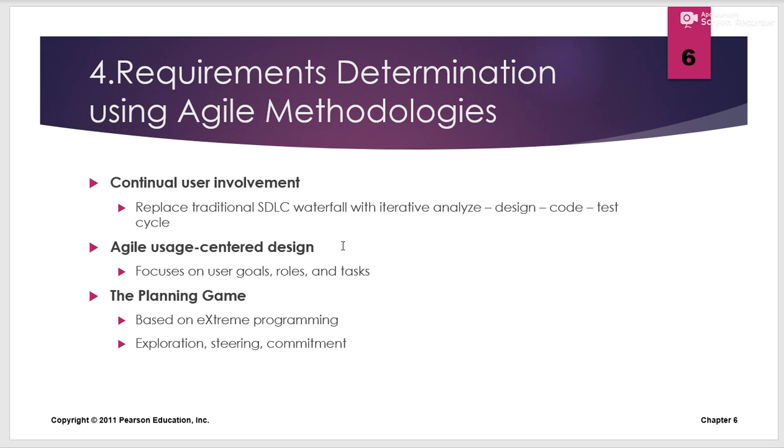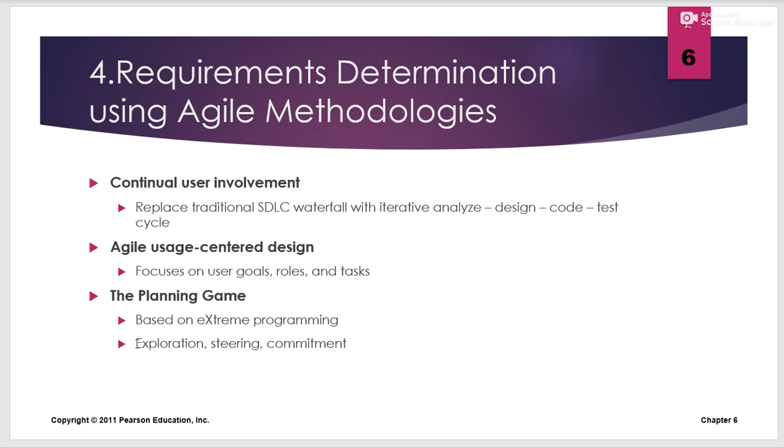This is another name for JAD, in which we have user goals, roles, and tasks focused. And everybody is involved here. And the third one here is the XP planning game. Now, the XP planning game is based on extreme programming. There are three different phases there: exploration, steering, and commitment.